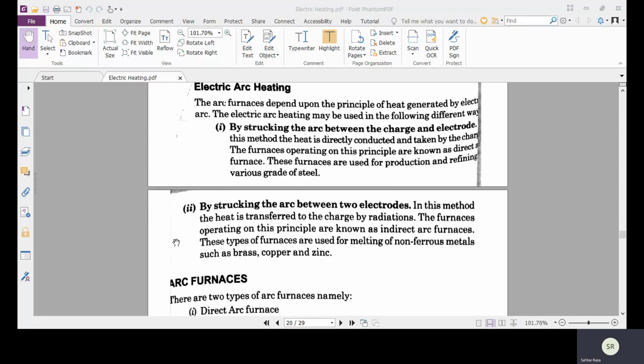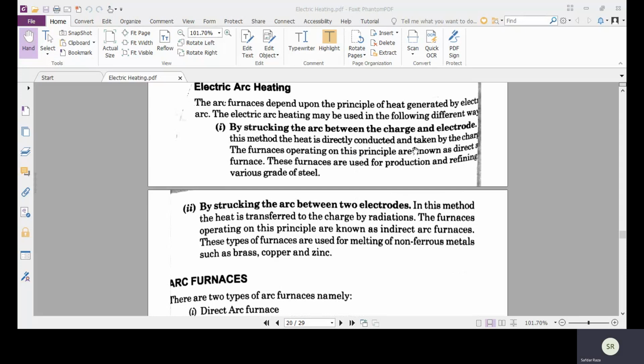Now we will see the first part, that is by striking the arc between the charge and electrode. In this method, the heat is directly conducted and taken by the charge. We just put the electrodes in such a manner that the electrode is directly in contact with the charge.